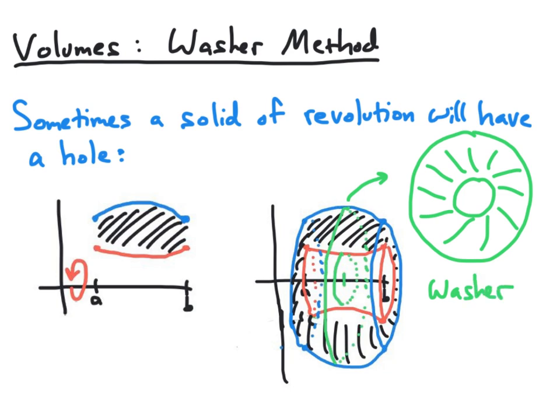And so when we have a solid of revolution like this, by rotating a region that is not bordering the axis of rotation, we're going to form cross-sections which are washers and use the area of our washer to find the volume. The first thing that we need to do is to determine the area of our washer.